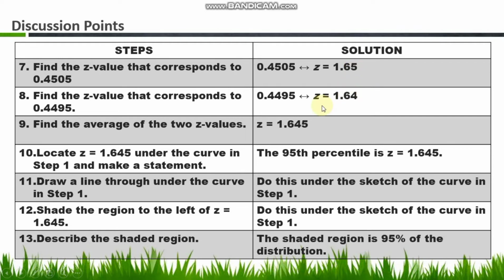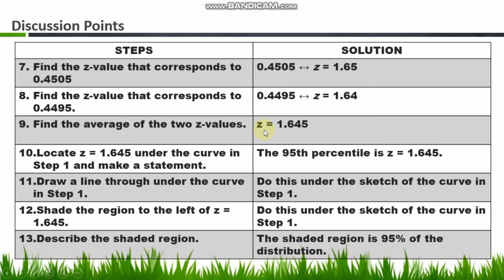How do we get the average? We add, then divide by 2. So 1.65 plus 1.64 divided by 2, and we get z equal to 1.645. So we are at step 9: find the average of the two values.